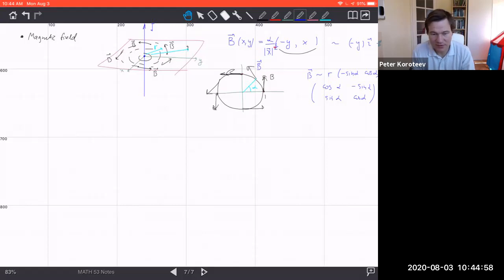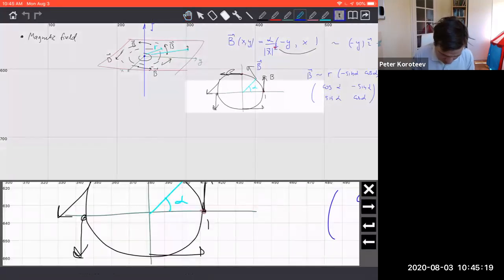So pretty much as long as you can meaningfully assign a vector to every point in space, you have a vector field. That's right.